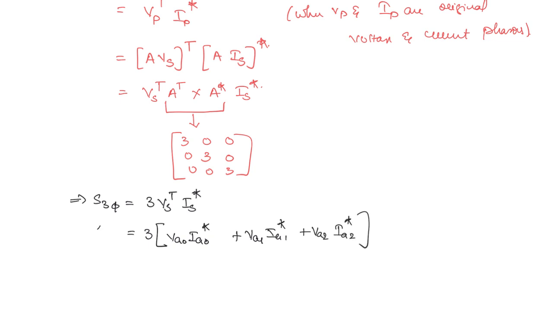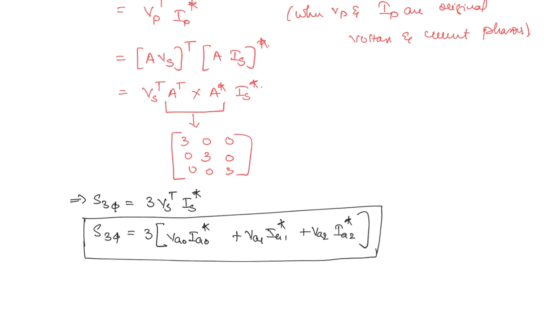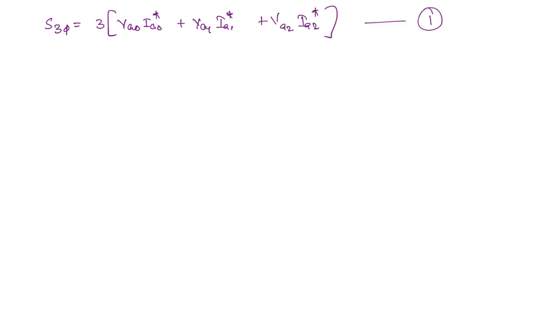So this is the final expression for the three phase complex power of a three phase system in terms of the symmetrical components. We found that the three phase complex power is equal to 3 times Va0 Ia0 conjugate plus Va1 Ia1 conjugate plus Va2 Ia2 conjugate. We will take this as equation 1.